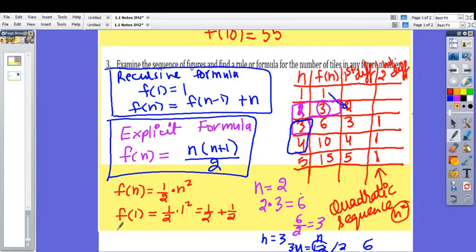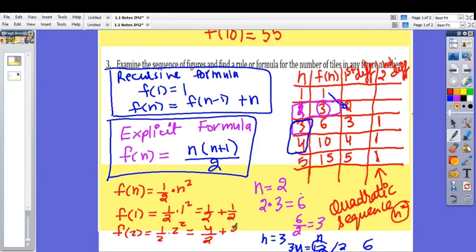Now if we are doing f of 2, then we will be doing 1 half times the square of 2, so that will be 4 over 2, which is 2. But then you need 3, so you add 1 to that.